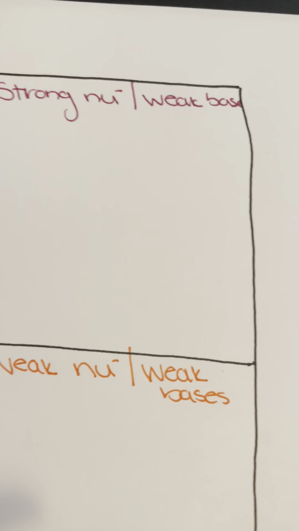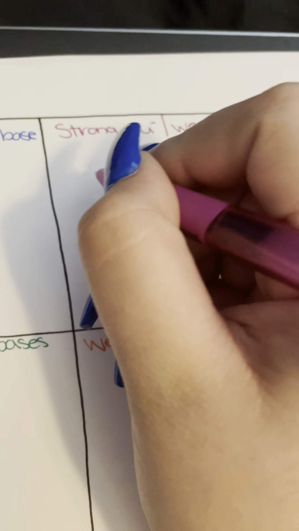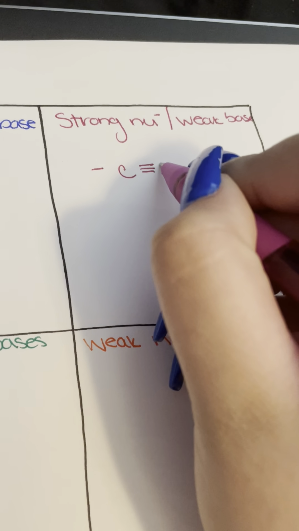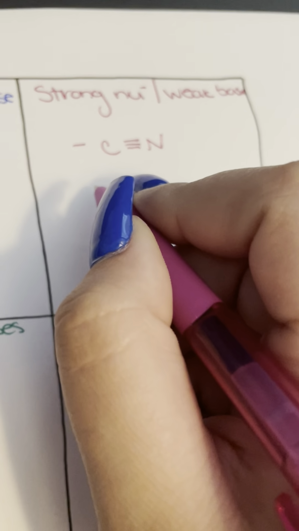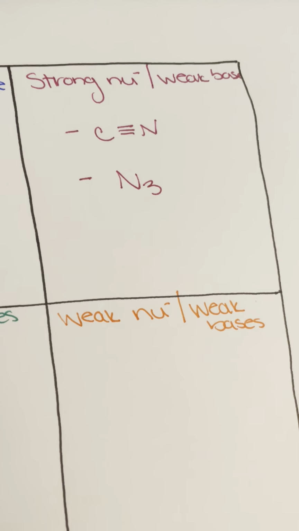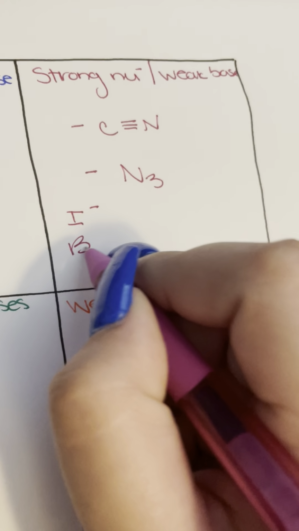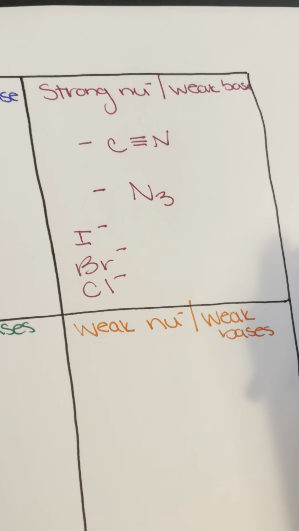Next, strong nucleophile, weak base. Some good examples might be cyanide, azide, iodide, bromine, chloride.